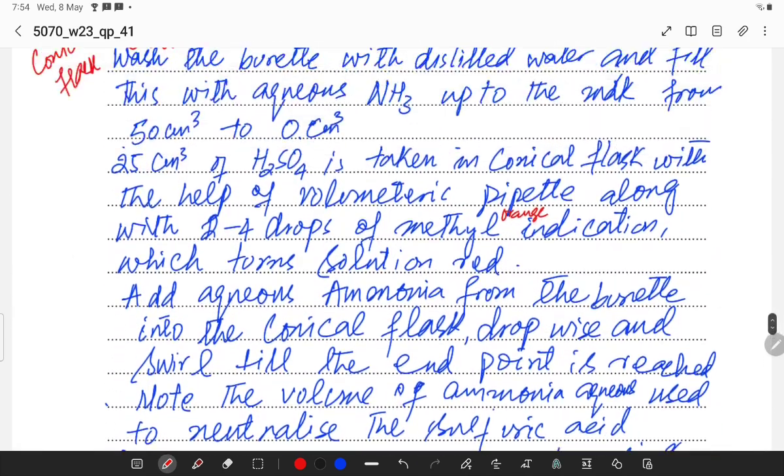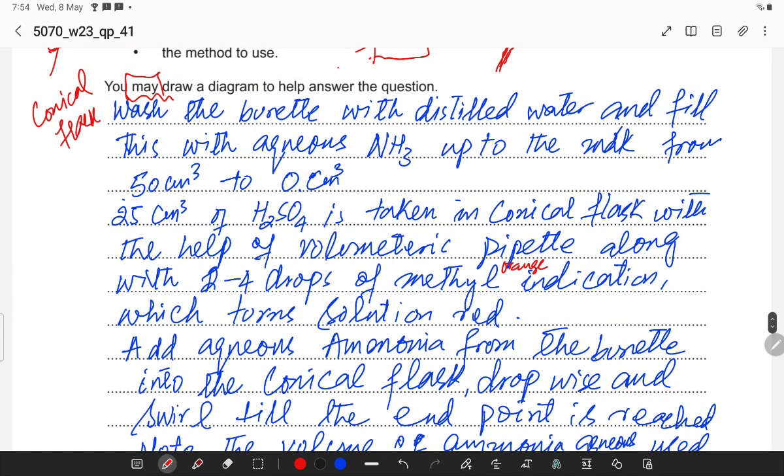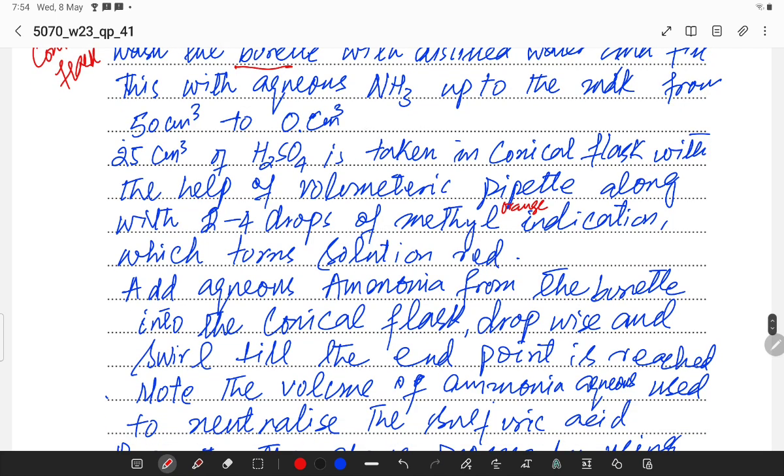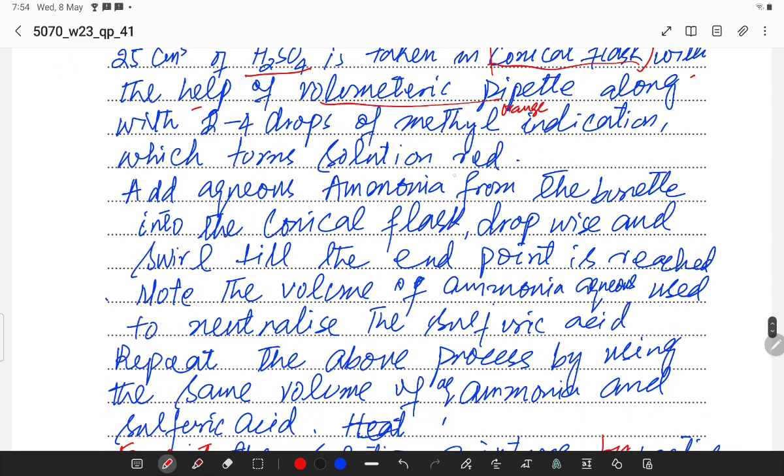Use all the pieces of apparatus which you are using in this experiment. Like you are using burette, fill the ammonia in the burette, and sulfuric acid is taken in conical flask with the help of volumetric pipette. This is very important to mention. Which turns solution red.